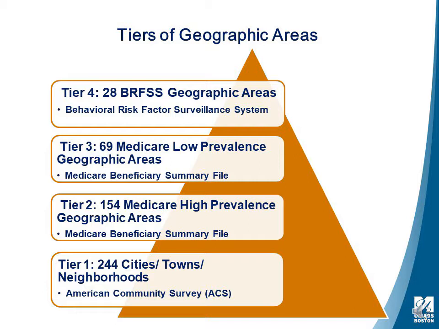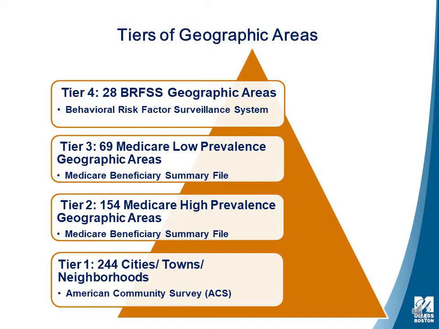These were indicators derived from the Medicare beneficiary summary file, and they are defined as higher prevalence indicators such as diabetes, COPD, osteoporosis. Those are Tier 2 indicators. Now those 154 areas were derived by combining together some of the 244 towns and cities of Tier 1.